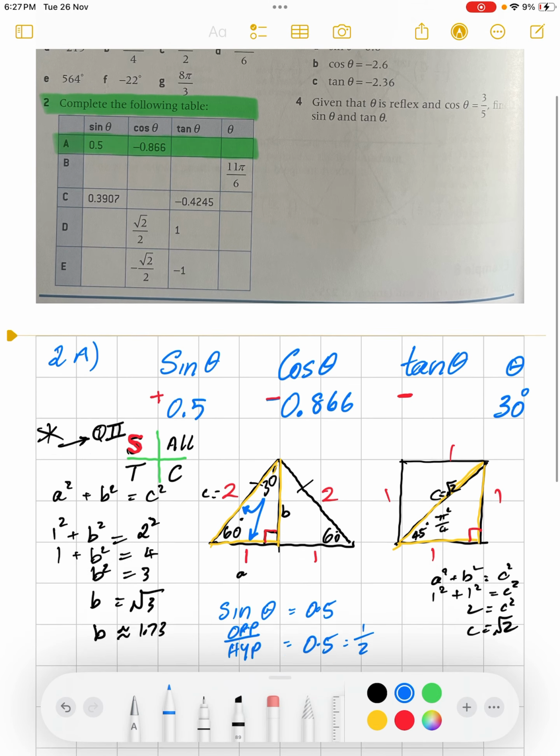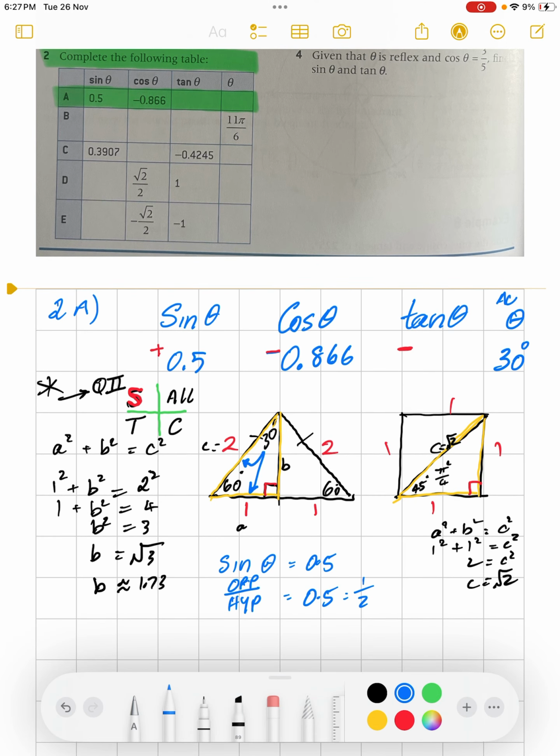That's the acute theta, but it's not the answer because it's in the second quadrant. I'll put 30 degrees here in the second quadrant, to the x-axis. It's important that you know the acute angle is 30 degrees, or pi over 6 radians.